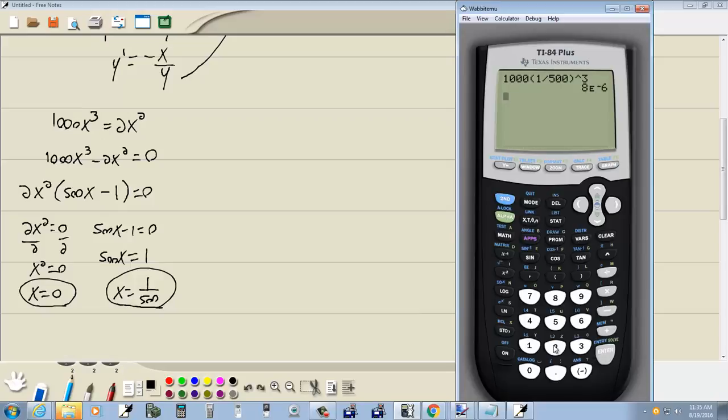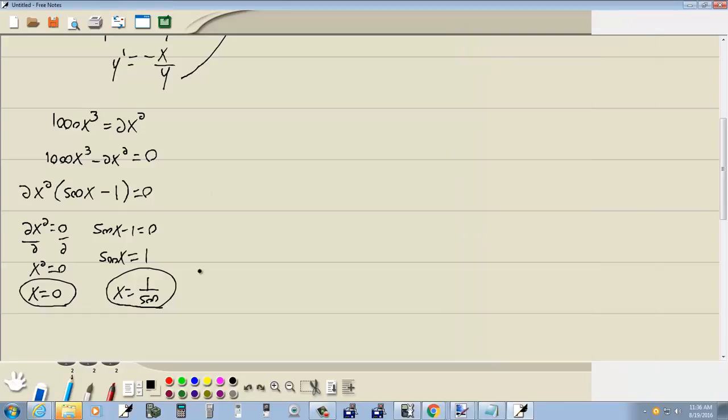And then 2, and then beginning parentheses, 1 over 500, closing parentheses, squared. And that's the right-hand side. And they do equal each other. So those are your two answers. Now let me try logs, just out of curiosity. I don't think I've ever tried solving one of these equations with logs.